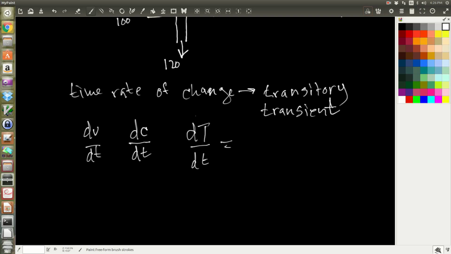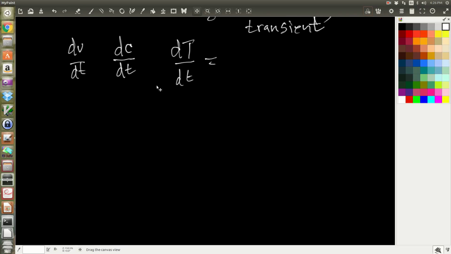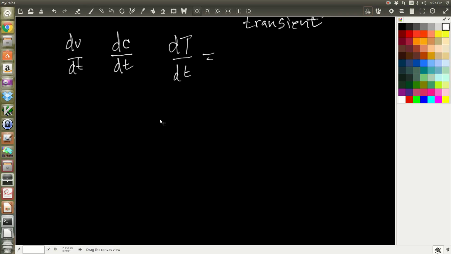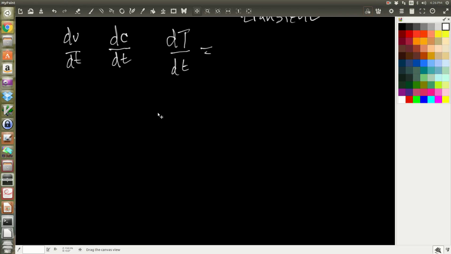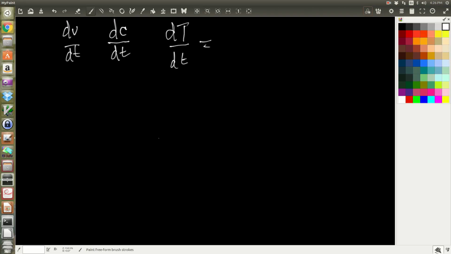Now, the other thing that we're interested in typically in science and engineering is, so this is called transitory or transient behavior, transient problems. What happens when change is equal to 0?